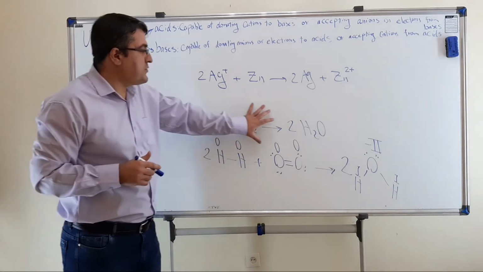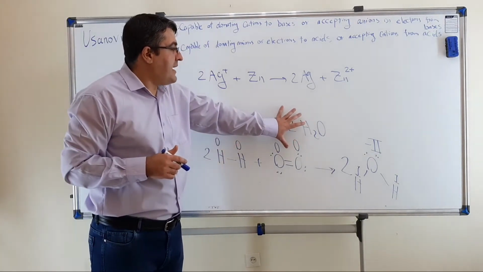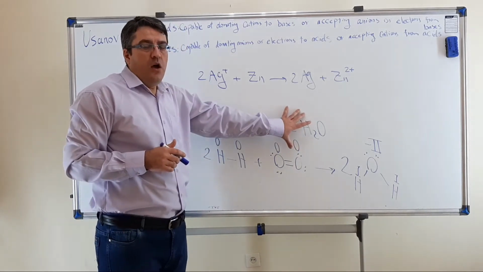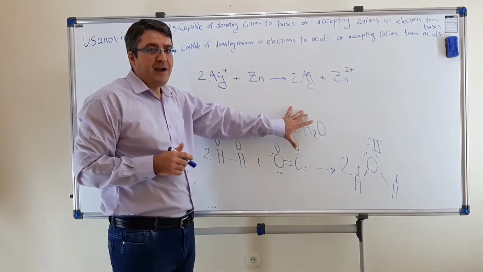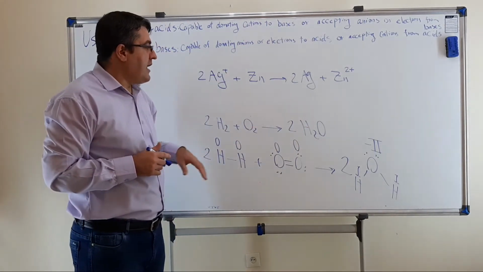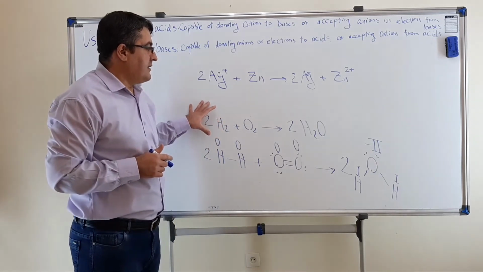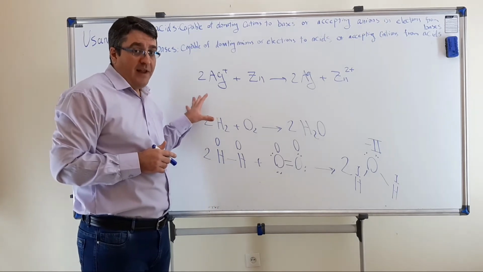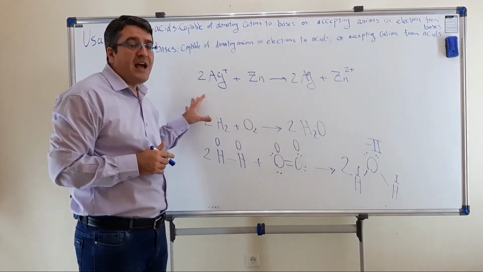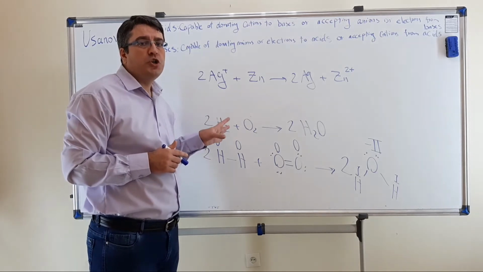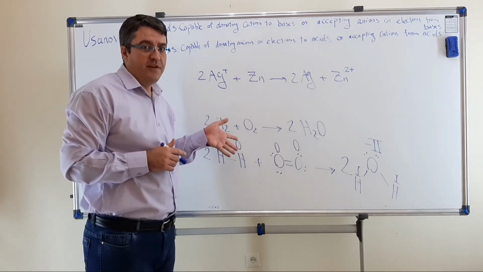On the other hand, if we want to assume that Usanovich acid-base theory also includes this type of redox reaction, or in fact all redox reactions in a broad sense, then we should also assume that in addition to complete transfer of electrons, in Usanovich acid-base reactions, we can have partial or formal transfer of electrons.